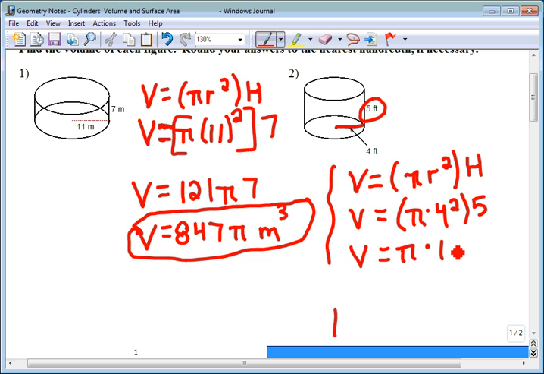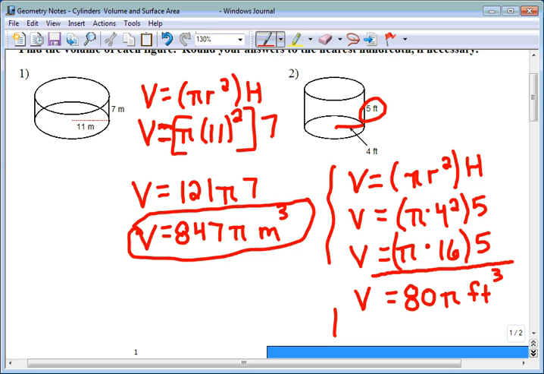Four squared is 16. 16 times 5 is 80. So we have 80 pi feet cubed for the volume of this cylinder.